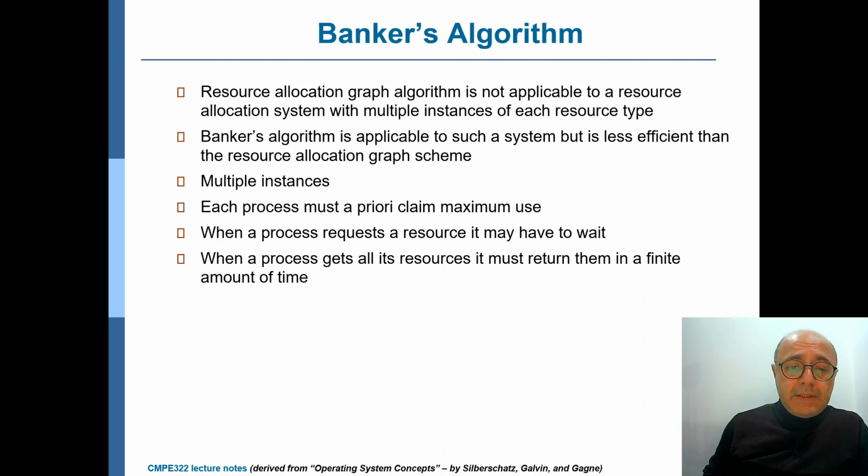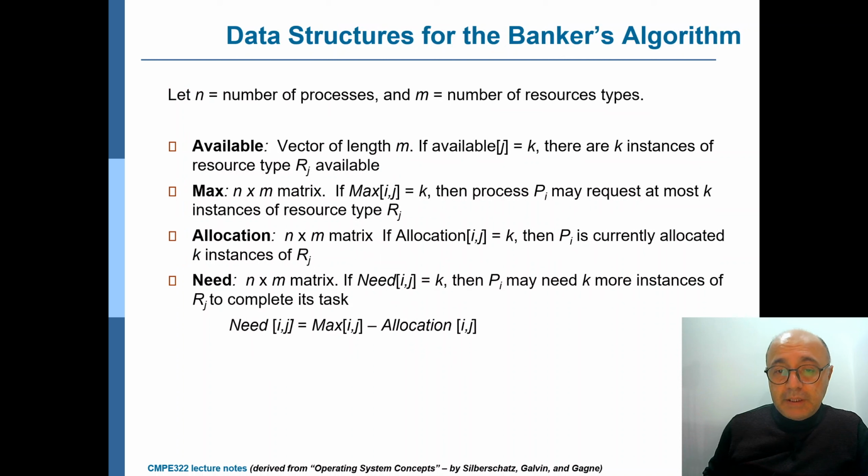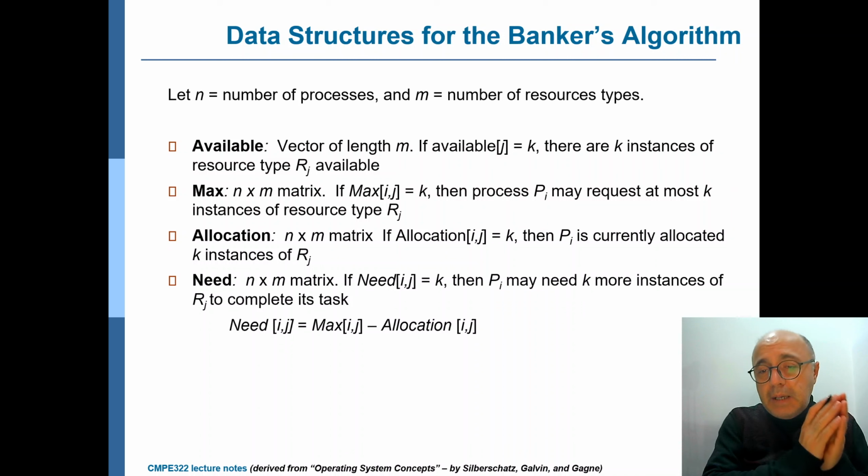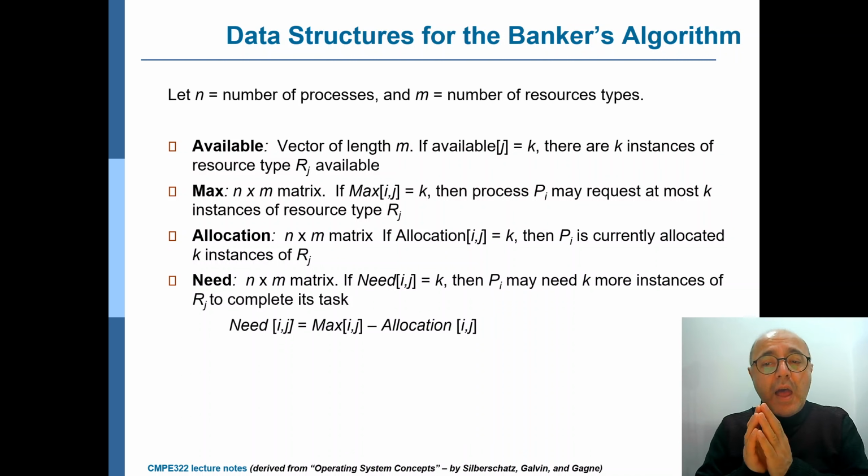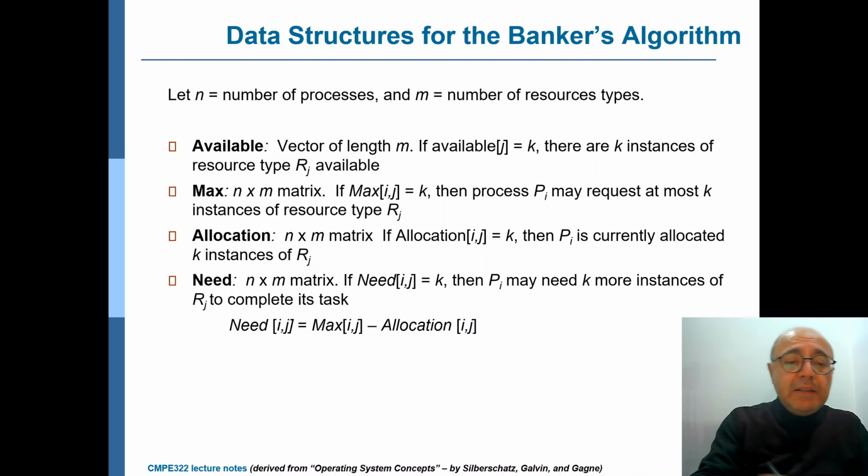It's actually a very straightforward and simple algorithm. Let me just put it this way. Assume that n is the number of processes and let m be the number of resources. So we have n processes, m resources. Then we will talk about 4 matrices.